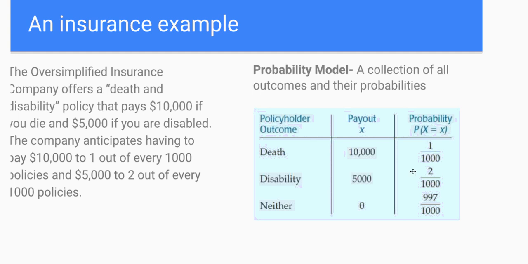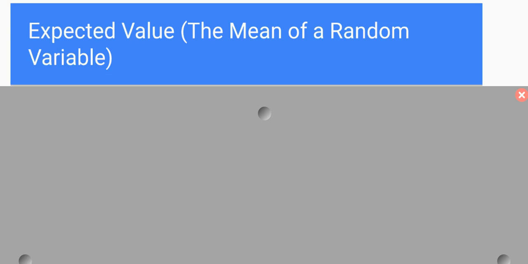All of these probabilities have to add up to 1, and they do. The probability of 1 1,000th plus 2 1,000ths plus 997 1,000ths adds up to 1,000 1,000ths, or 1. So the last idea here is going to be the expected value, or the mean of a random variable.